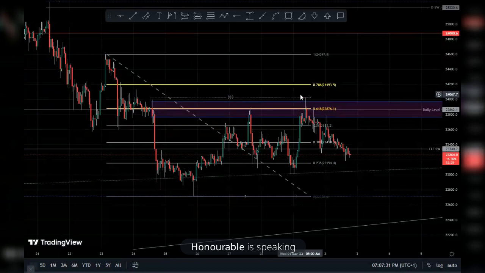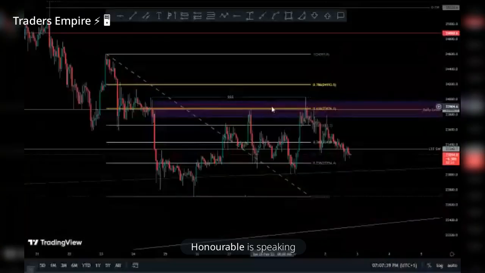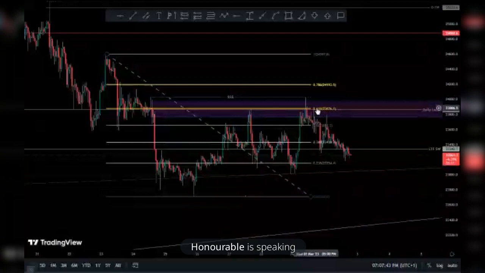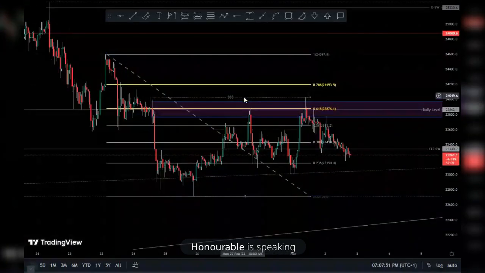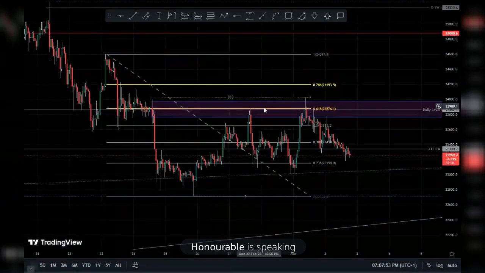But to me, the 0.618 up to this point, the 0.786, I take this level as the Fib golden pocket.